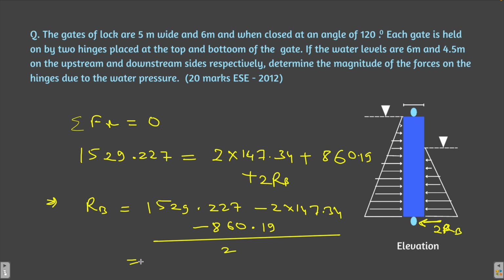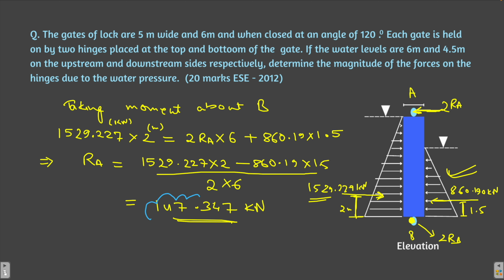Let me solve this for you and let's see what the answer is. 2 into 147.34, and there is another minus 860.19 by 2, is equal to 187.178 kilonewton. So this is the final answer. This is the reaction at the bottom hinge and this is the reaction on the top hinge.